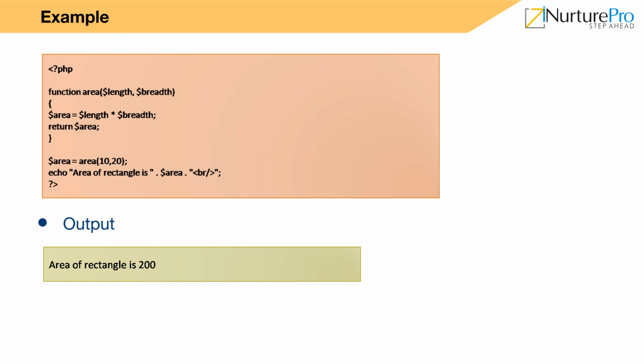The above script creates a function called area that accepts two values as arguments, $length and $breadth. The area of a rectangle is calculated using these two values and returned to the calling code using the return statement. The return value is then stored in a $area variable, which is then used to display the area of a rectangle.